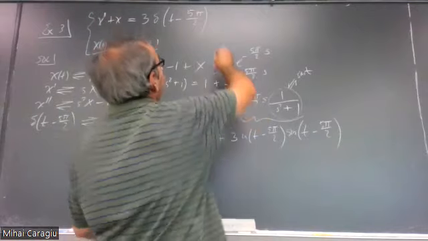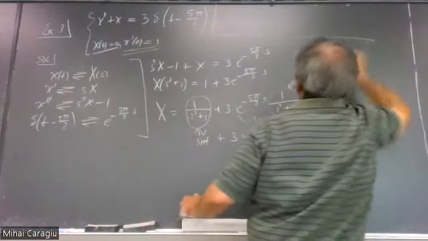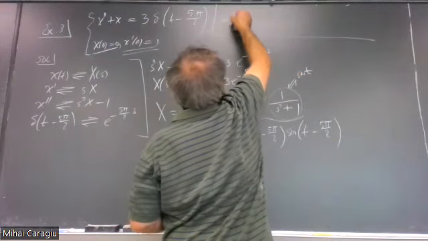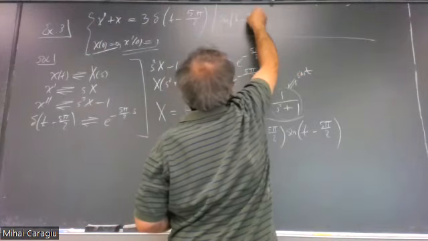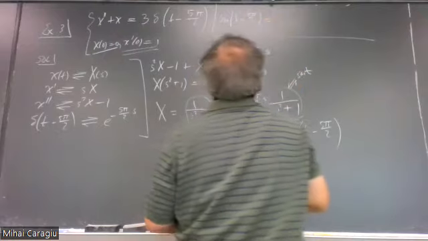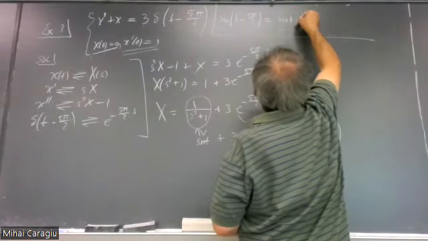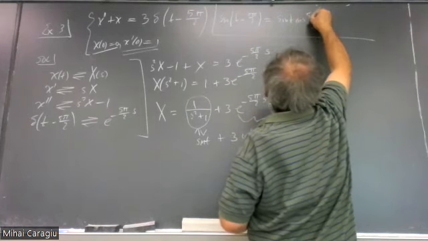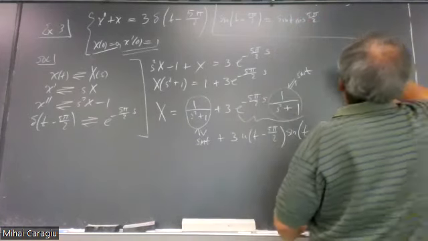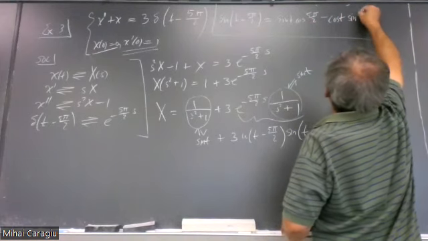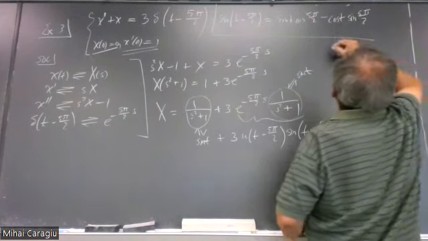And then we get here on the scrap paper some trig formula. What will be sine of t minus 5 pi over 2 equals sine t cos 5 pi over 2 minus cos t sine of 5 pi over 2.